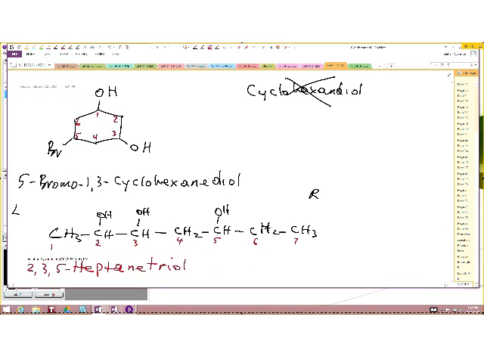Okay. 2, 3, 5 heptane triol, or you could also use the more current name. Simply say heptane, then 2, 3, 5 triol.